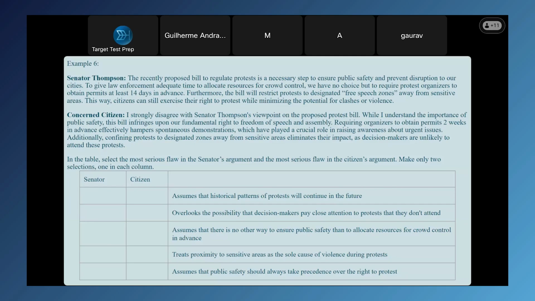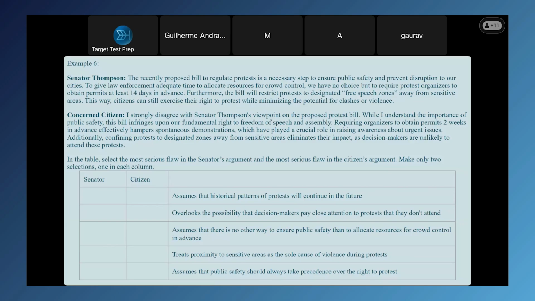Or are there any other questions? Oh, the surprise.